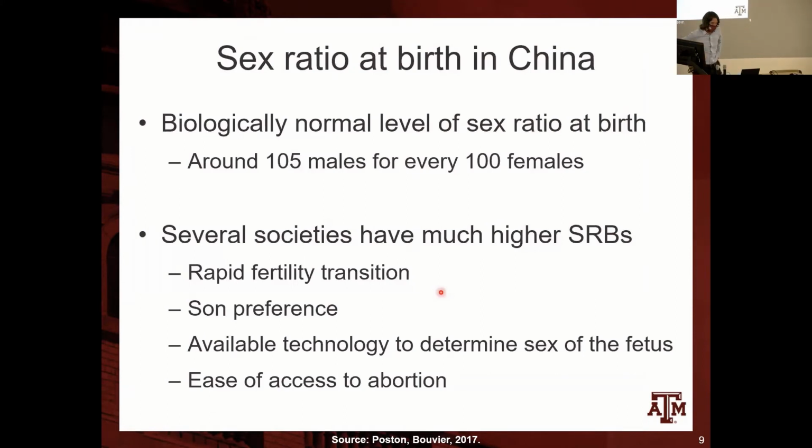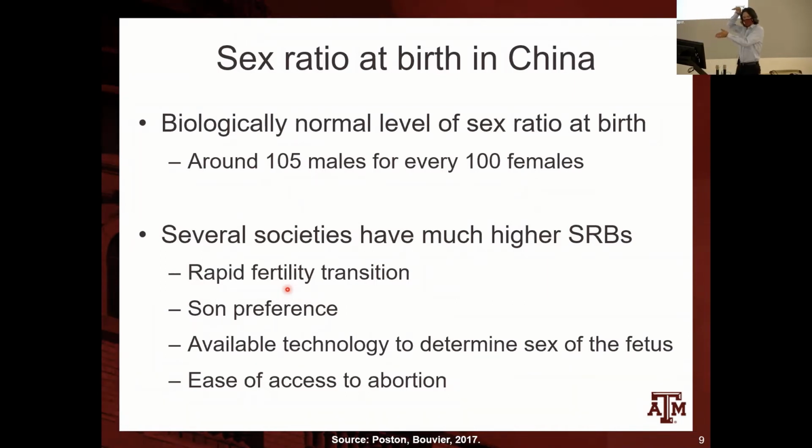And going a little bit, some observation about China specifically, the biological normal level of sex ratio at birth is around 105 males for every 100 females, like I mentioned before. And several societies do have much higher sex ratios at birth, because they have been experiencing a really rapid decline in fertility, a really rapid fertility transition.